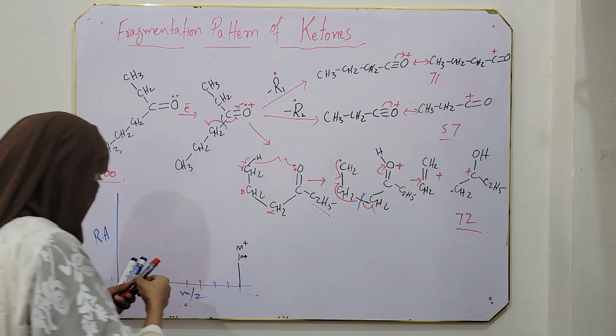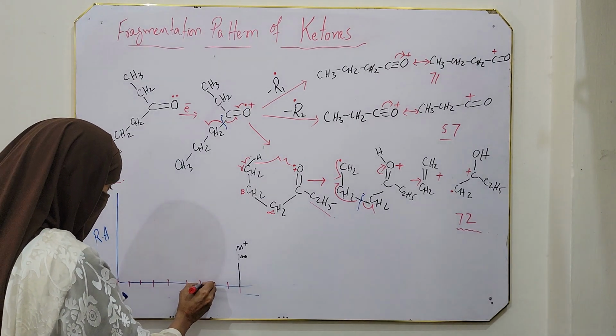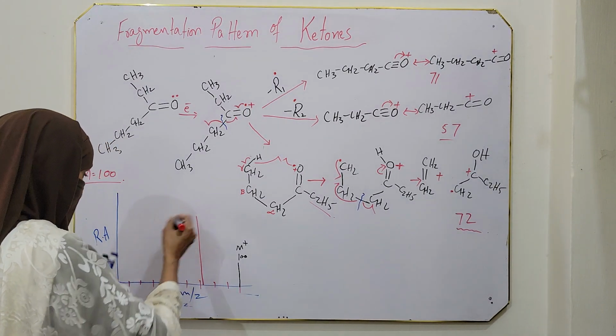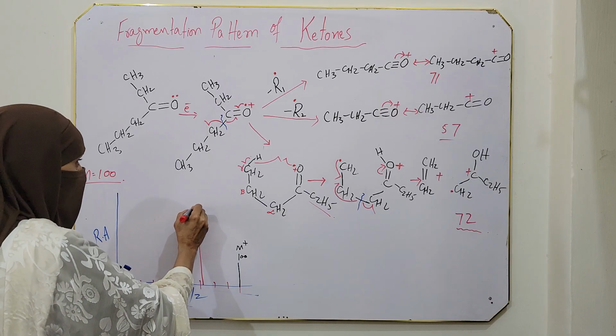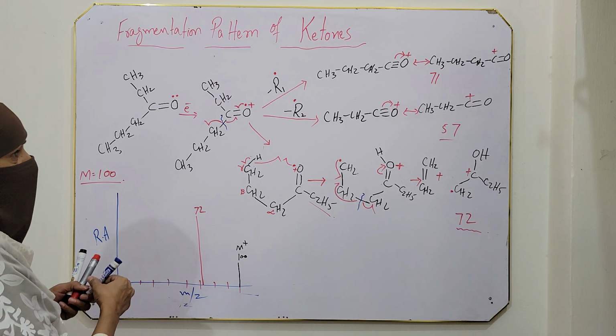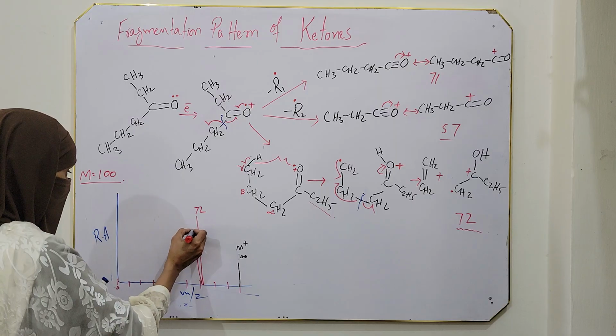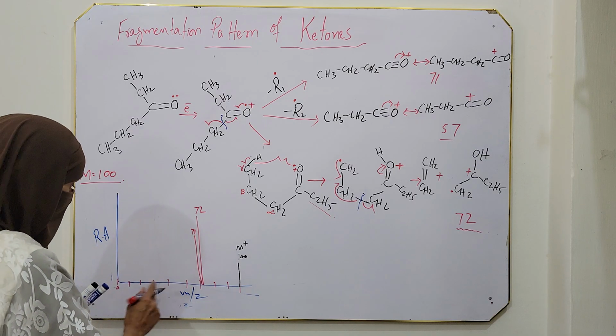So the base peak will be at 72. This one at 72 will be the base peak. Then the peak at 71, and then a peak at 57.